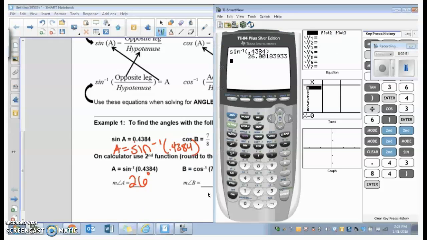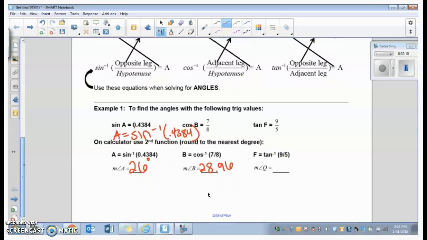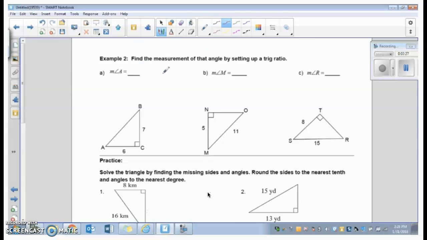Most of the time, in the problems you see, you're going to get numbers very, very close to some integer value, and when that's the case, you just round it to that integer. So when you look at angle B, it's very close to 29 degrees. We can say 28.96, but for most purposes, it's basically 29. You can figure out angle Q on your own.